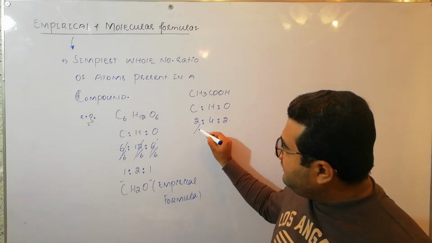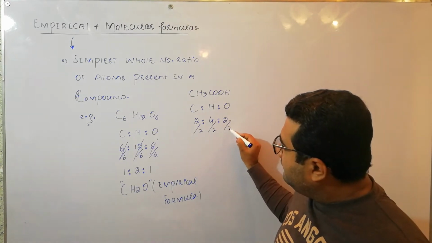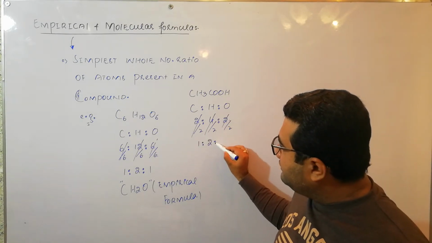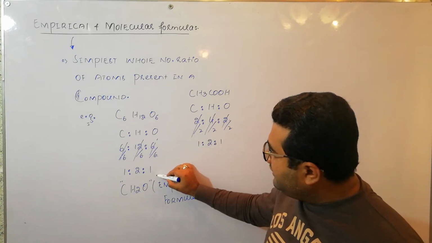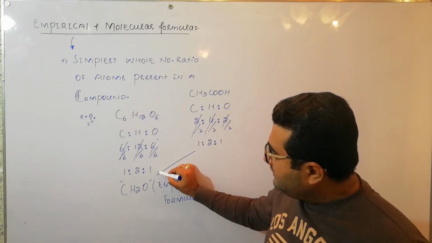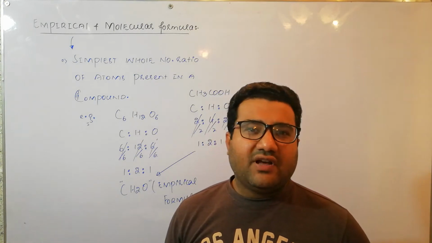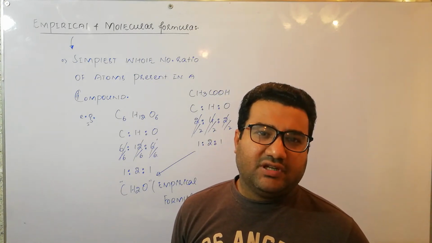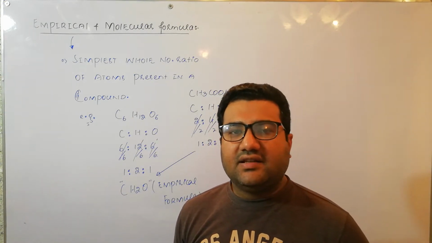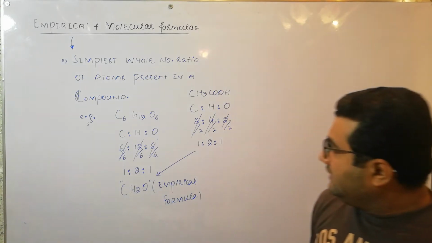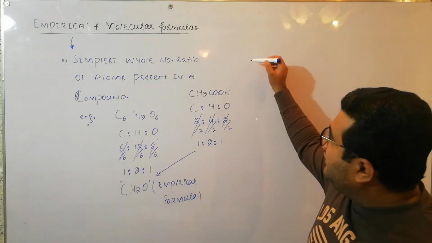When it will be simplified, it will also become 1 ratio 2 ratio 1, and its empirical formula will also be CH2O. The molecular formula or the actual formula of the glucose and acetic acid, they are different, but their empirical formula are same.